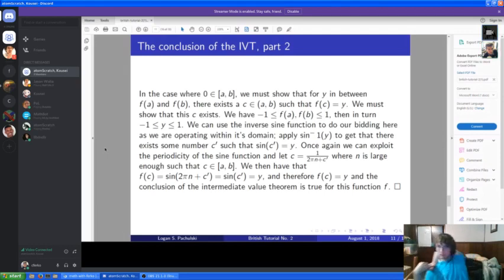Yes, I forgot to mention that n is once again an integer in this case. I can't exactly remember the definition of periodicity, but essentially we already have that f of x that we're working on is sine of 1 over x, and it gets basically double inverted, so we have sine of 2 pi n plus c prime, and 2 pi n, where n is an integer, is the period of sine.